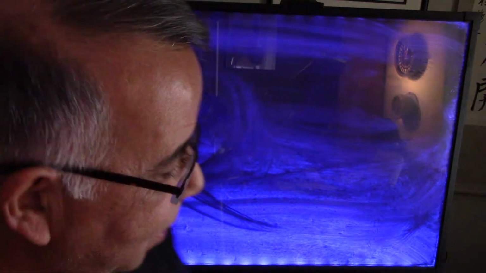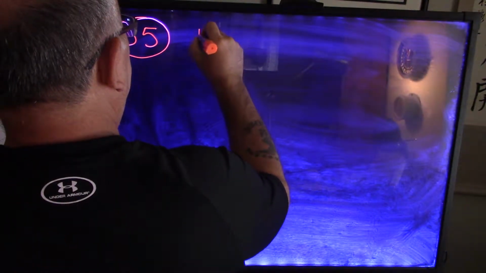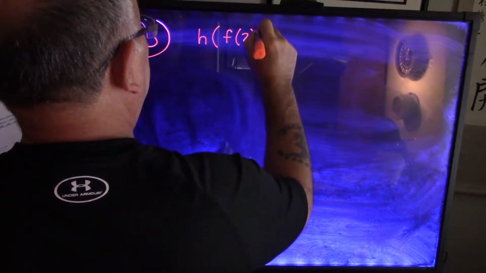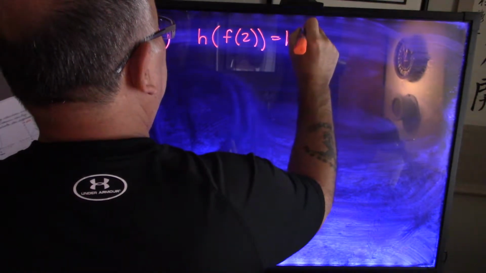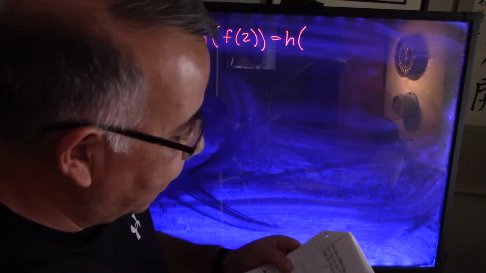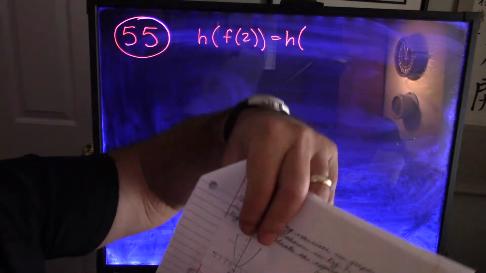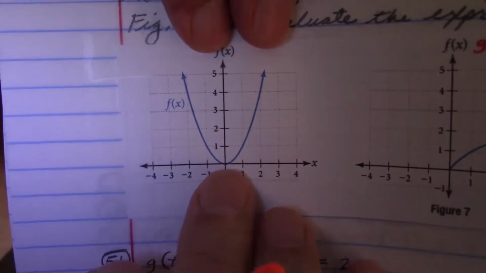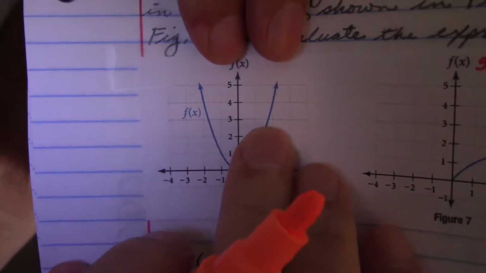Number 55, h of f of 2. So what's f of 2? Let's see, figure 6. F of 2, I got a feeling it's 4, right? F of 2 is 4. Yeah.